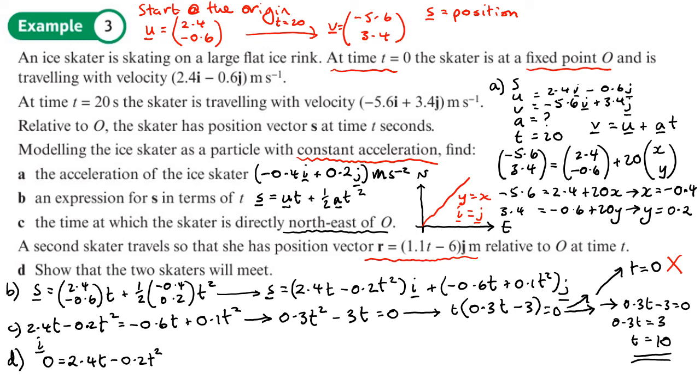We'll factorize it: t, and then in brackets 2.4 minus 0.2t equals 0. That will give us t equals 0, and for the other value of t, 0.2t equals 2.4, so t will equal 2.4 divided by 0.2, which gives us 12. t equals 12.